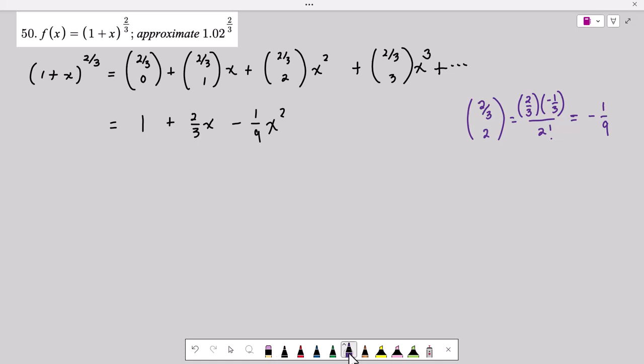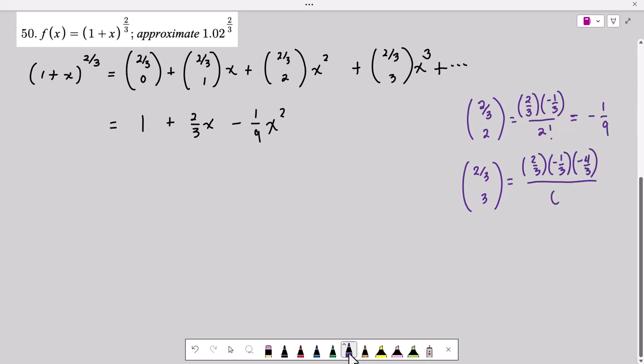Then we're going to do the same thing, except we're going to go one more factor. So we have 2/3 times -1/3 times -4/3 over 3 factorial, which is 6. So repeated subtraction of 1 until you get the right number of factors. In the numerator, that looks like a positive number now.